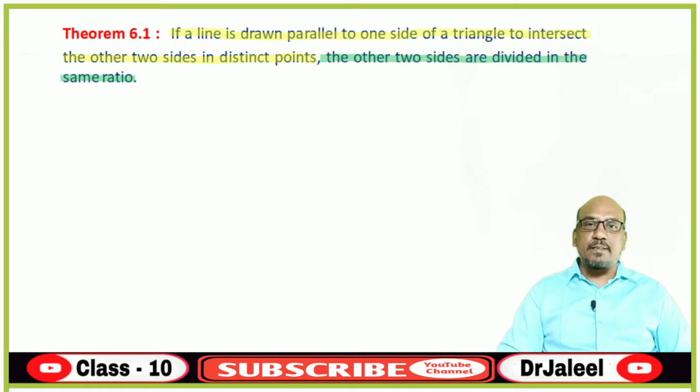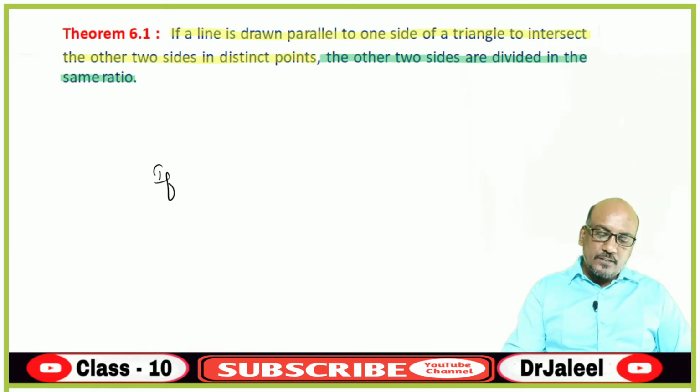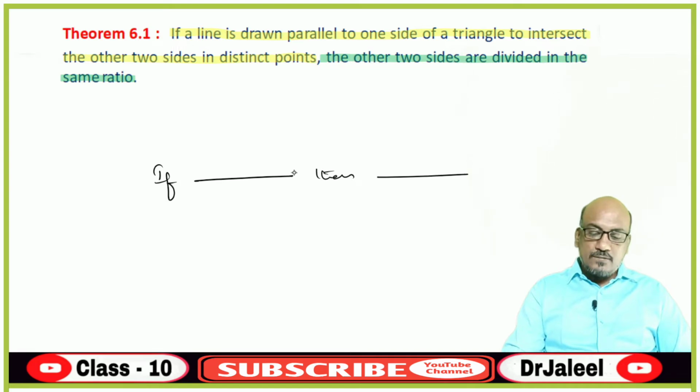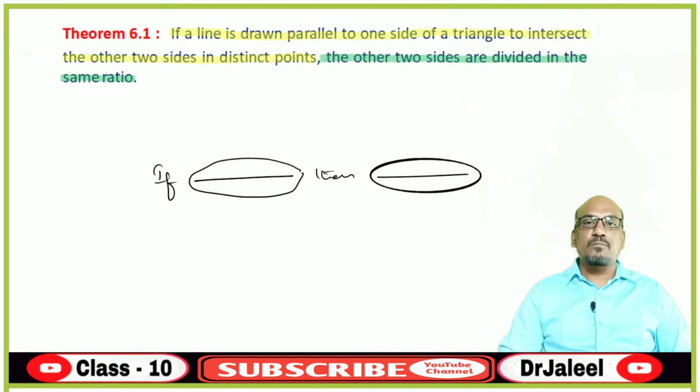Theorem is a statement. Statement is a sentence which is either true or false but not both. So theorem will be most of the times a conditional statement. What is a conditional statement? If dash, then dash. If something is given, prove something.